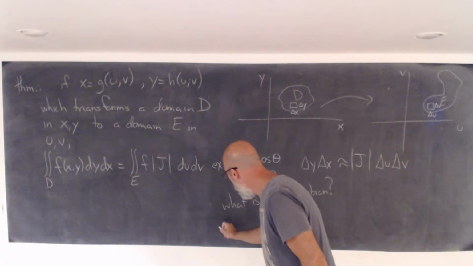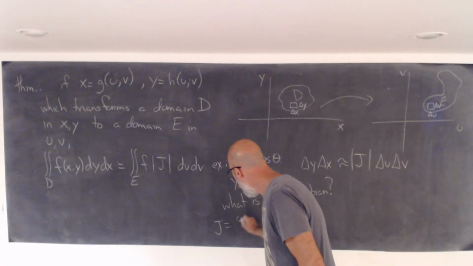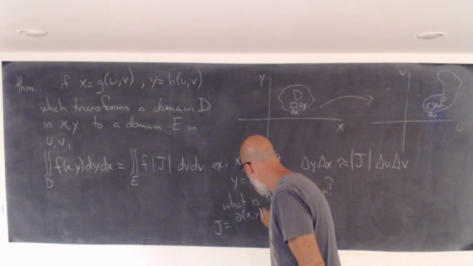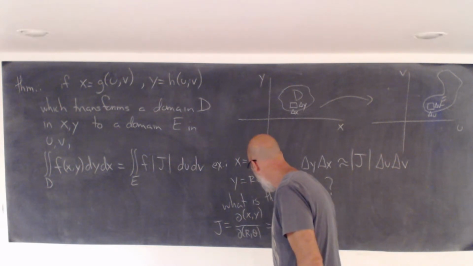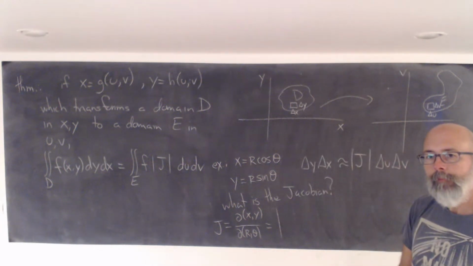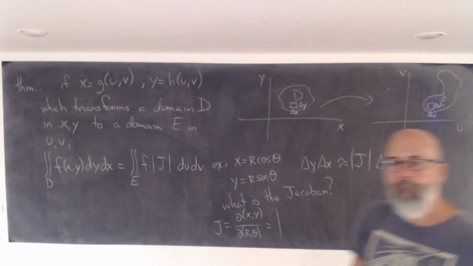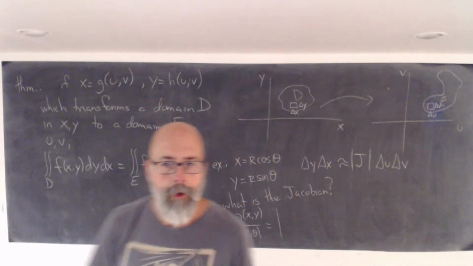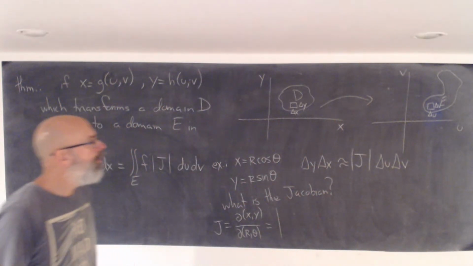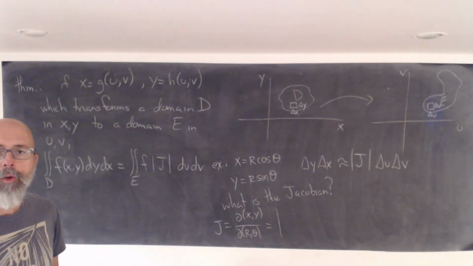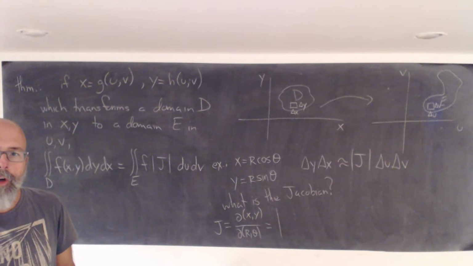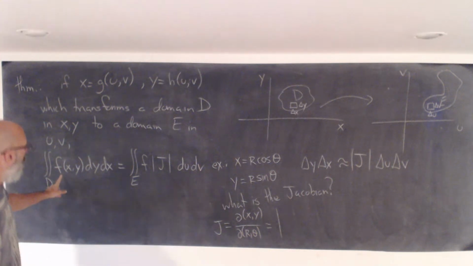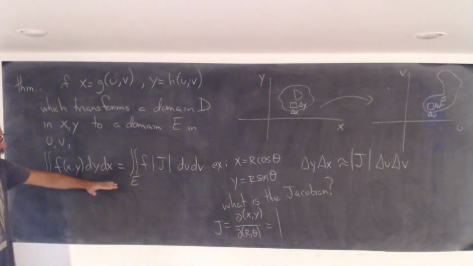The Jacobian, dxy by dr theta, is going to be an approximation, or are their values exactly the same? Well, what I'm saying is, the theorem is this.